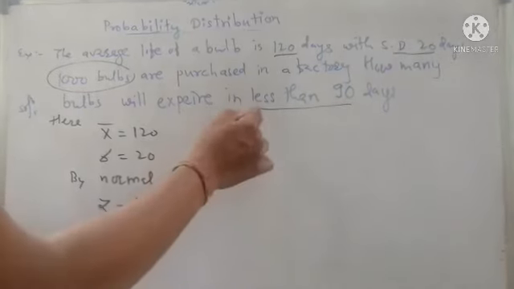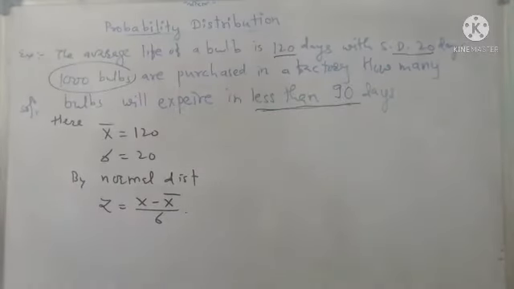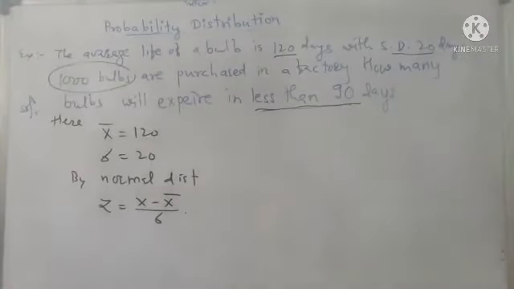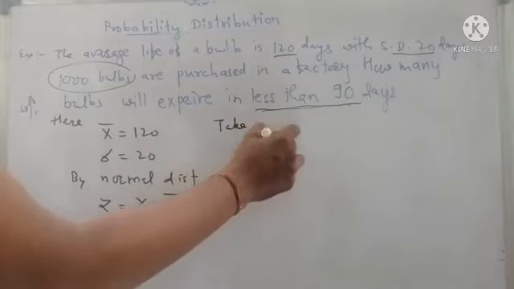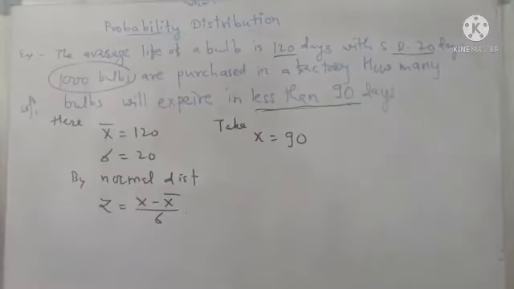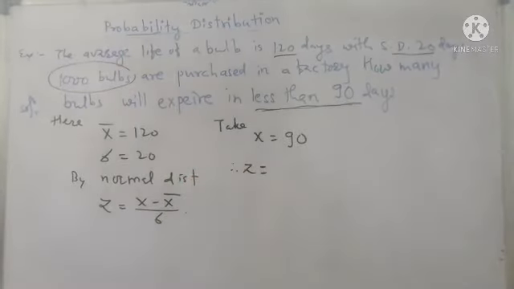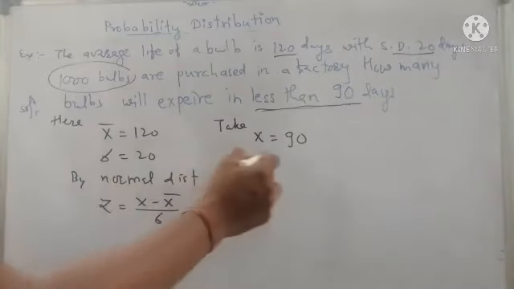As given here, less than 90 means we have to find the number of bulbs having life less than 90 days, meaning 89 days, 88 days, 85 days or 0 days, any number which is less than 90. So first we take x as 90, that means the random variable we take as 90, and we evaluate the normal variable z for this x by putting 90 in this formula as x.